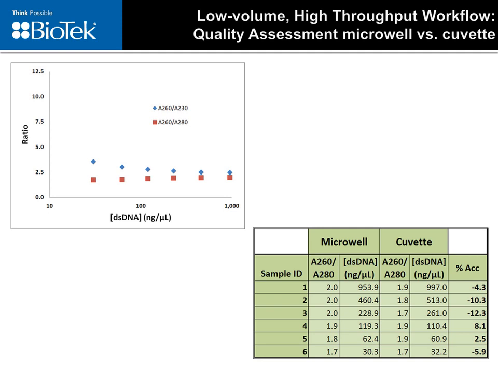At concentrations below approximately 50 micrograms per mL, the ratios declined significantly below the commonly associated values, which are indicative of a pure sample, that should be approximately 1.8. And this is a common observation for diluted nucleic acid samples.